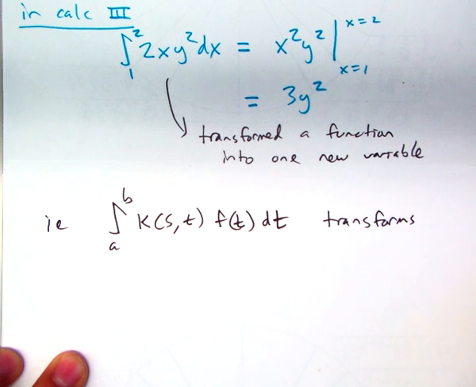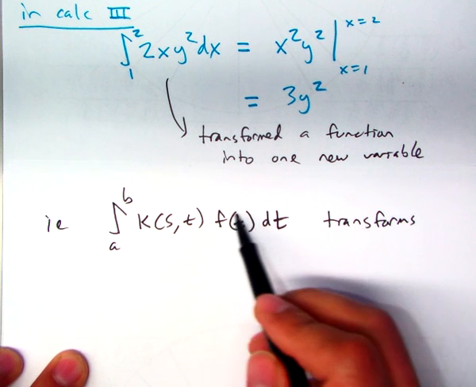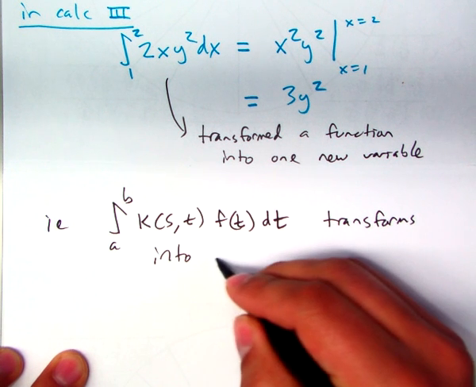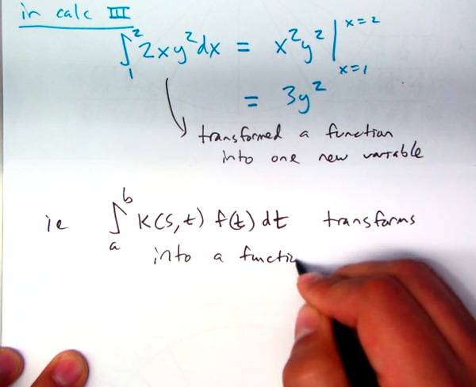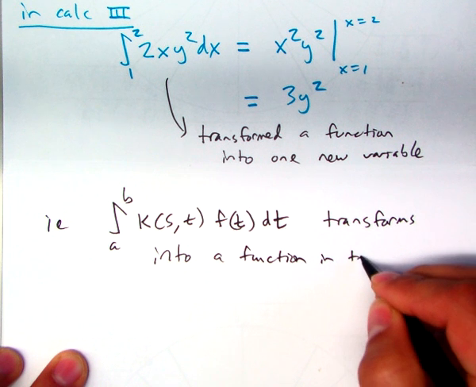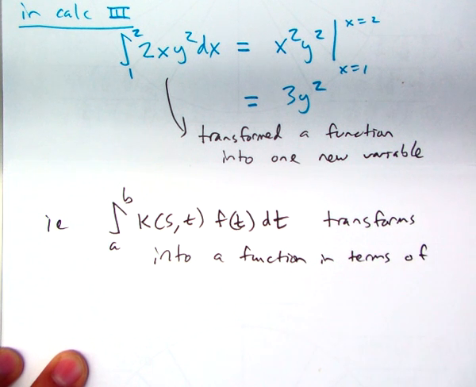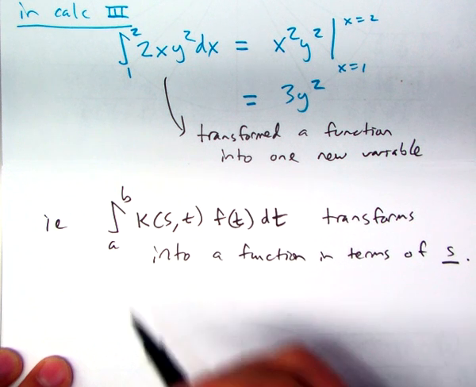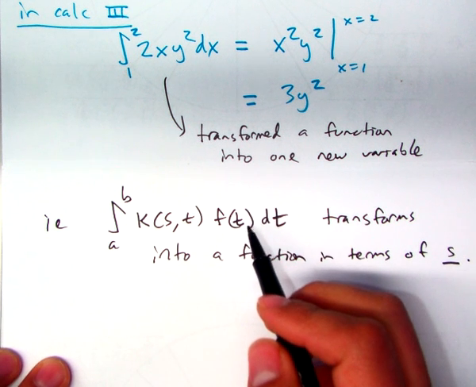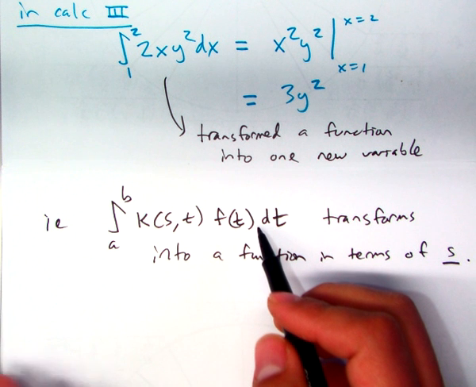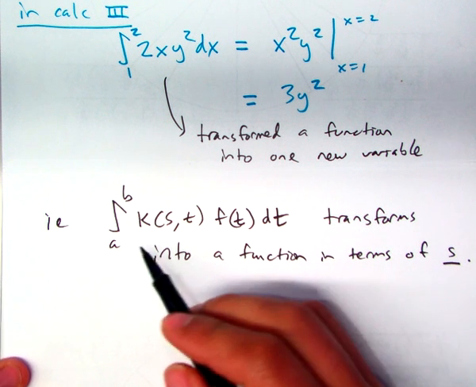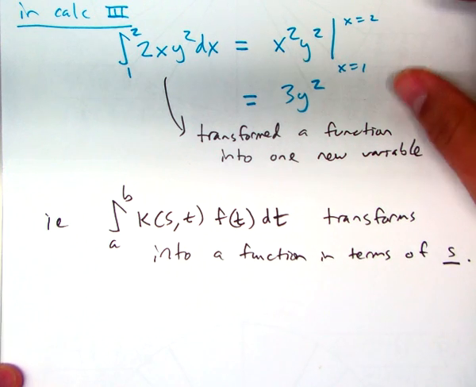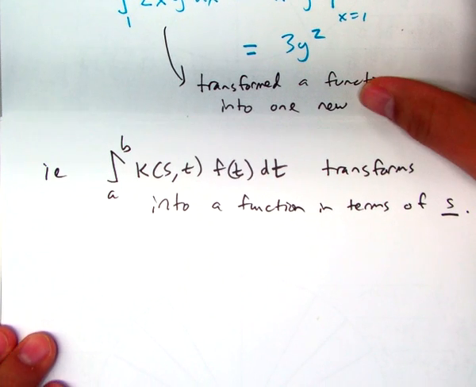This would transform whatever we have going on in here into a function in terms of what? Very good. So we integrate with respect to one of the variables. Naturally, we're going to end up with a completely new function that now only has the other variable as its main variable.